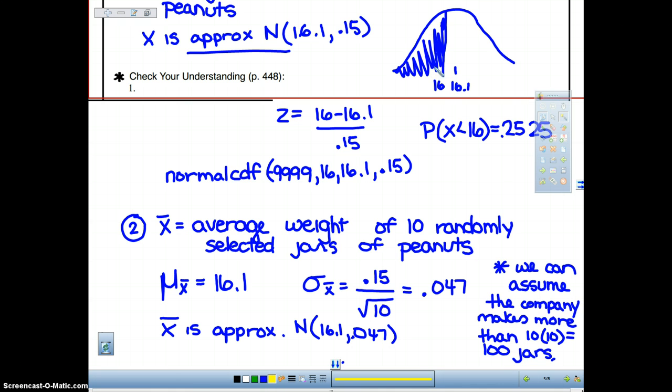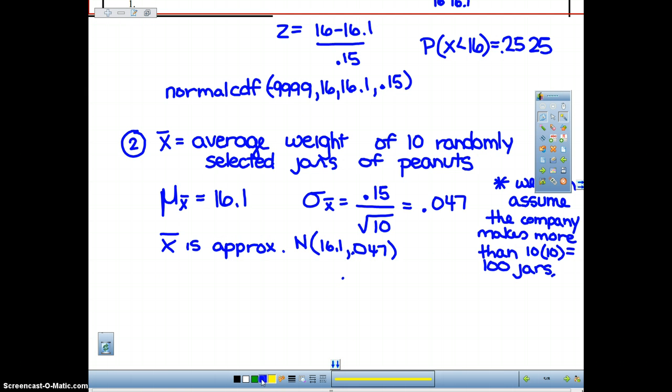That backs up our theory earlier because it's going to be centered around the same point, but it's just going to be tighter in. So a smaller proportion will be under 16. So let's go ahead and calculate what that smaller proportion is. Let's say that we are looking for the probability that X bar is less than 16.